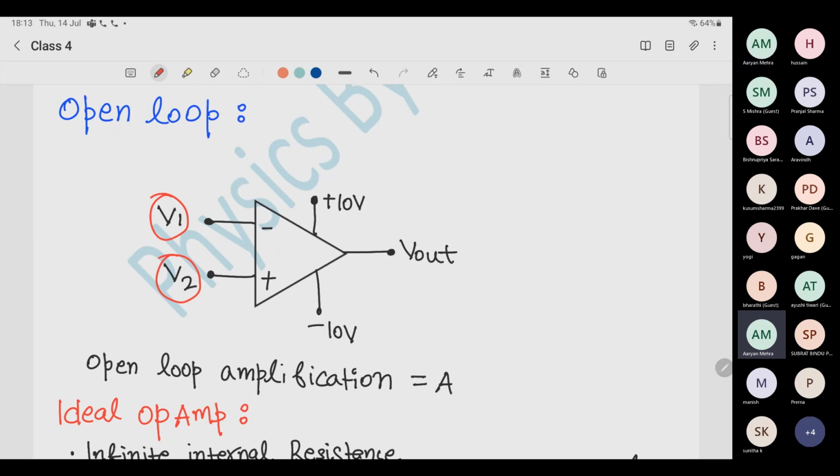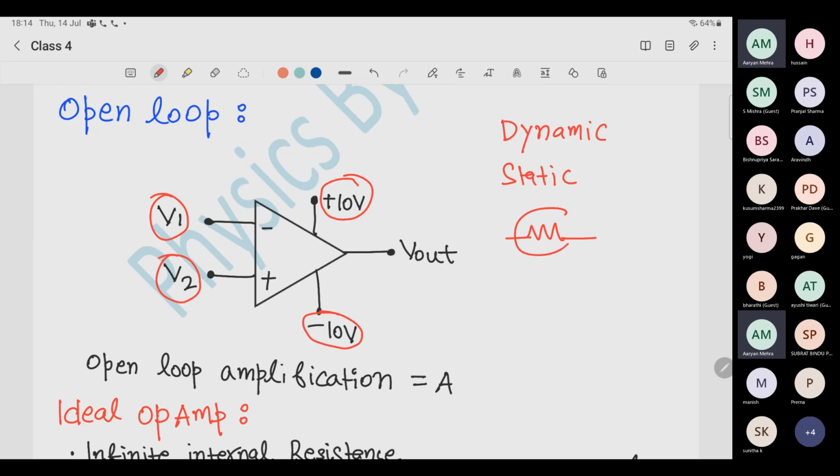Here these two 10 volts are the constant voltage supplies which are required to operate this op-amp. You know, in electronics there are two kinds of elements. One is called dynamic and one is called resistive or static. For example, if you talk about a resistor, you do not need any voltage for this resistor to work.